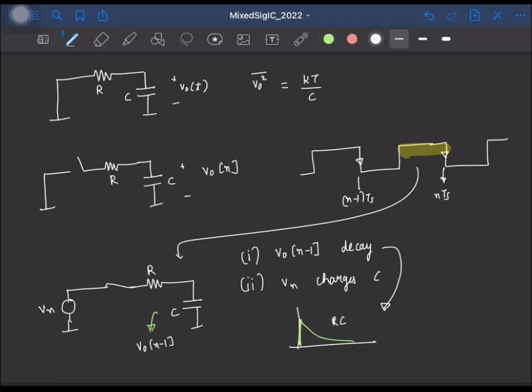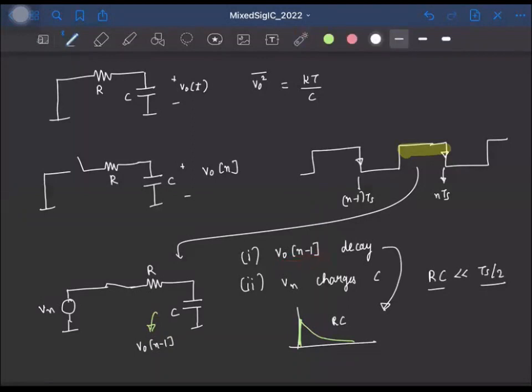Okay. And what do we do to this time constant RC? In general, we make sure that this time constant is much smaller than the time available for settling, right? Only then can the switch track the input. So since we ensure RC to be much less than Ts by 2, the initial condition, that is V0[n-1], will quickly decay to 0.